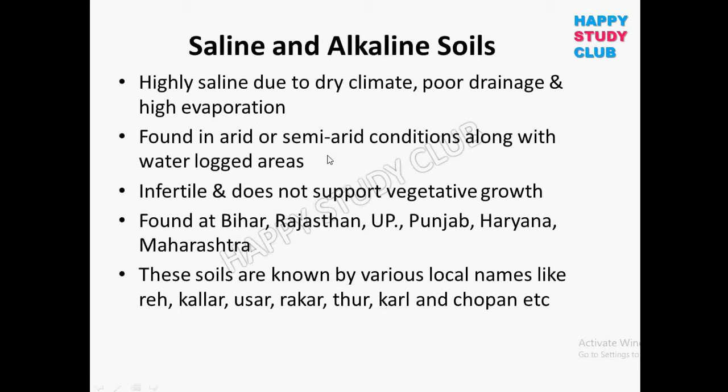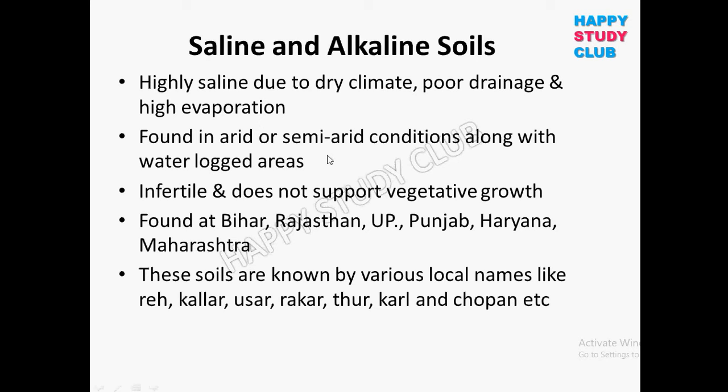They are infertile because they are highly saline and acidic. They are infertile and do not support vegetative growth. Okay, now they are found in Bihar, Rajasthan, UP, Punjab, Haryana, and Maharashtra. So these are the places where we can find saline and alkaline soil.